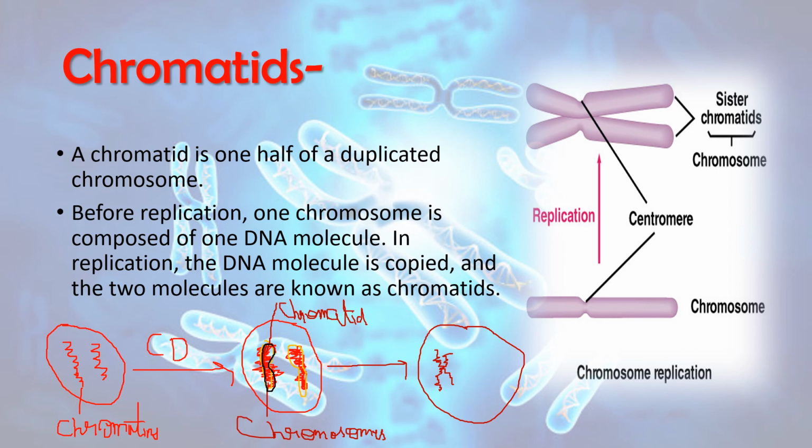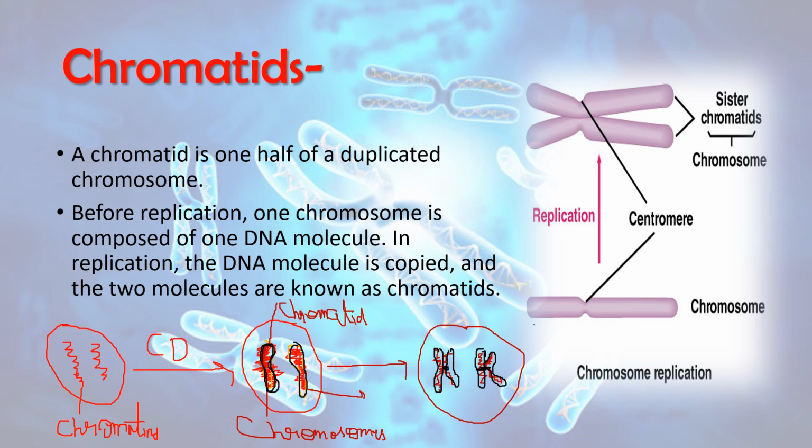This area gets duplicated and this chromatid gets duplicated. So they become like this, one chromatid and another chromatid joined together with a centromere. The same happens here, duplicated and connected together at the centromere region.